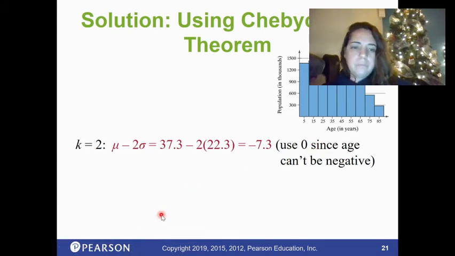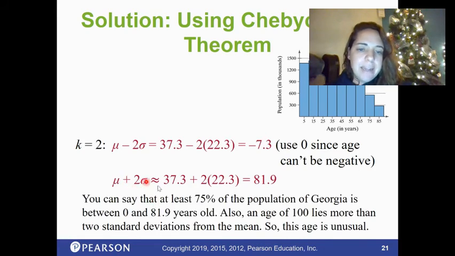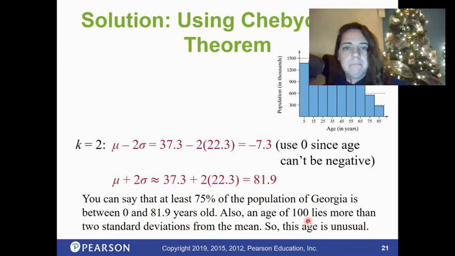And then they added 2 times the standard deviation, which gave them 81.9. So it says you can say that at least 75% of the population of Georgia is between 0 and 81.9 years old. So yeah, 100 is unusual. 100 would definitely be unusual. Okay.